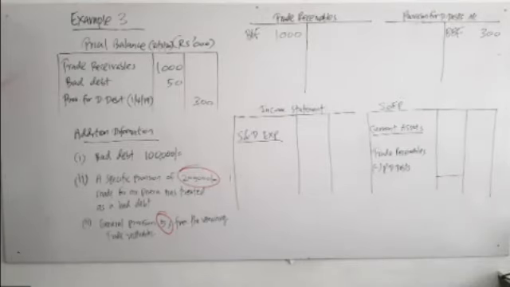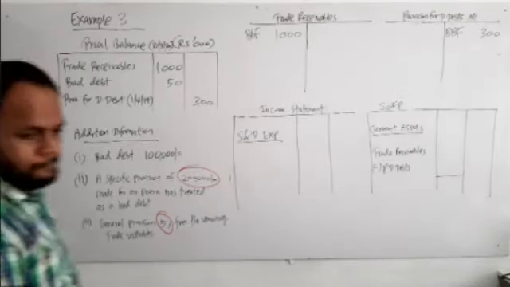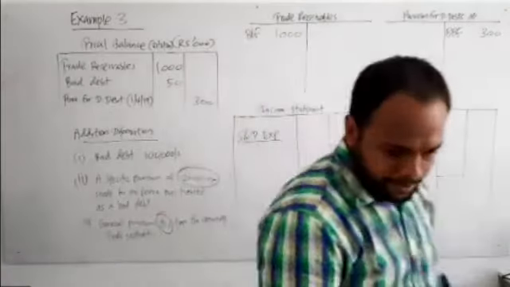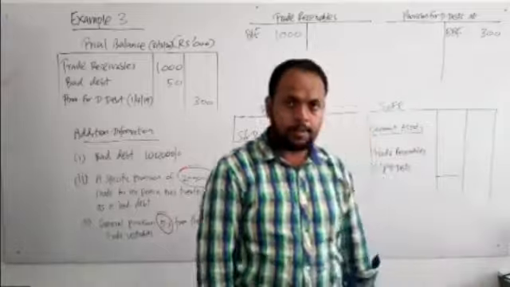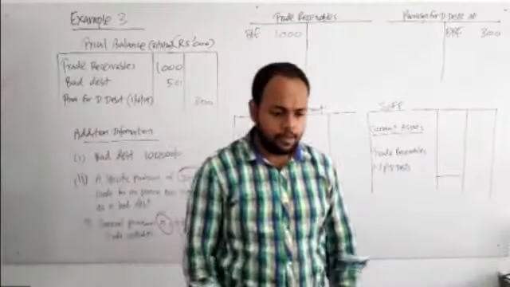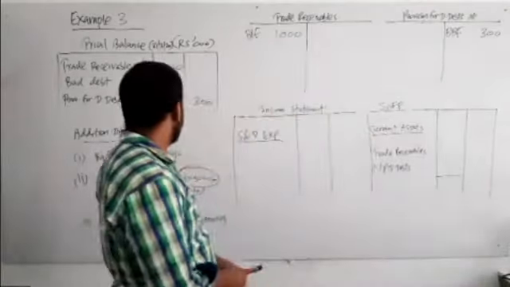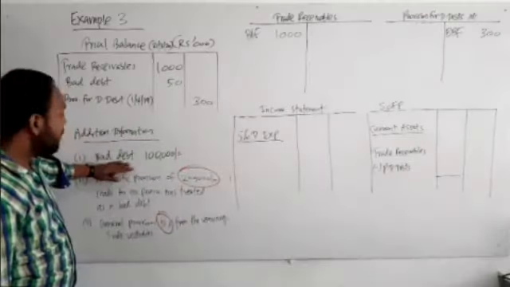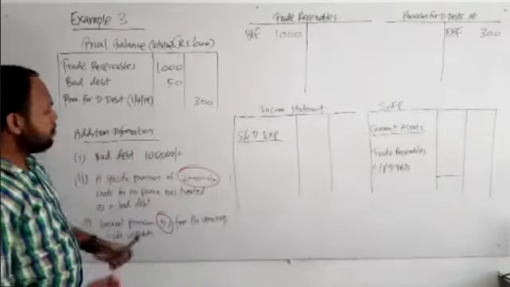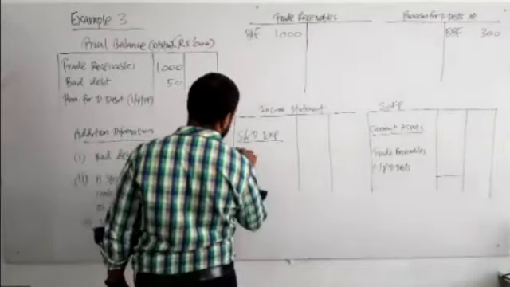Right, shall we start? Additional information number 1. Bad debt 100,000. So the double entry for bad debt.